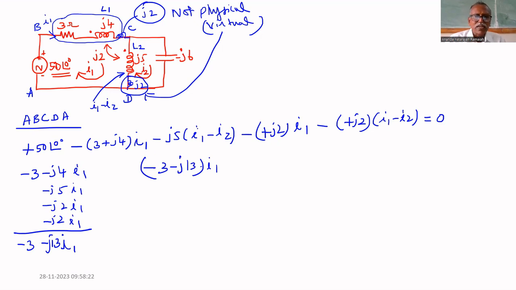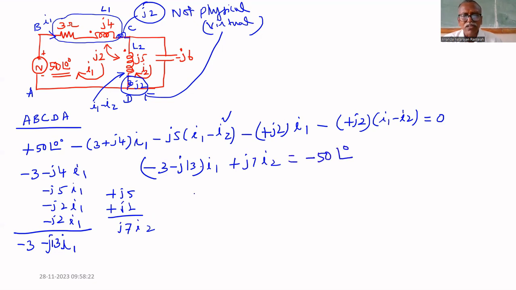And all the I2 terms let us add: plus j5, plus j5, plus j2, so j12... j7 I2, equal to minus 50 angle 0.